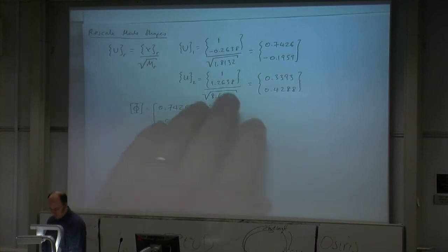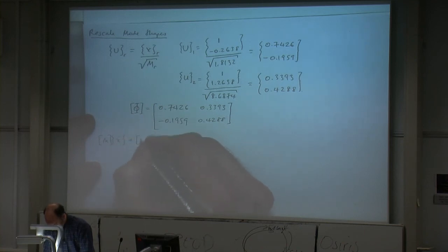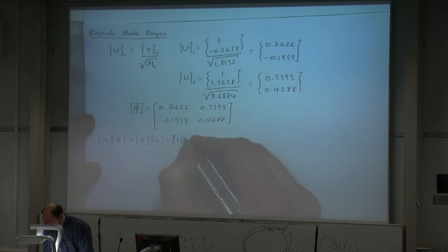Now the reason we've done this rescaling, just as an aside, we have our equation of motion, which is m x double dot plus k x equals our forces, so I'll call that f(t), because it's a function of time.